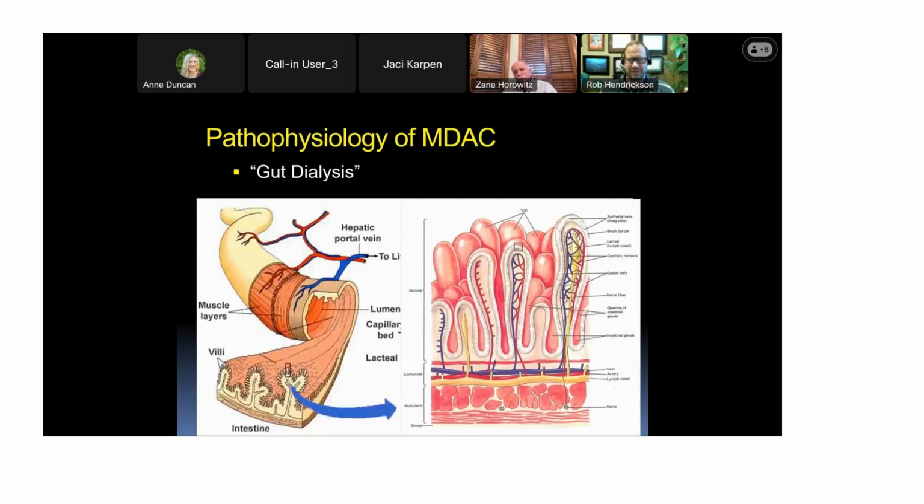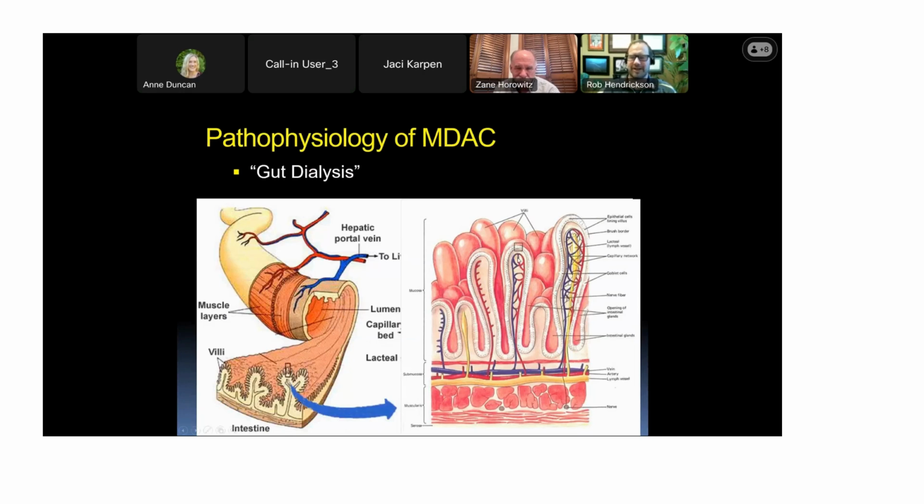Last reason to use multi-dose charcoal is something called gut dialysis, which is a term I absolutely hate, but it's the term that's used. So remember, the lining of the intestine has all these little villi, right? And then if you get really, really close, you have this individual villus.